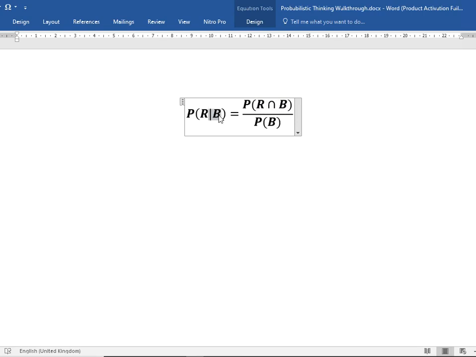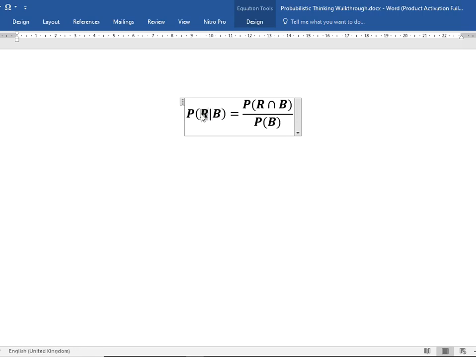Now this notation here, when you say R given B, of course it means the event that R would occur, or the event of obtaining an R, given that we already know that black or B has occurred. All right.